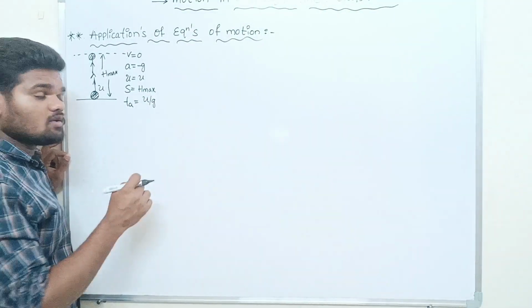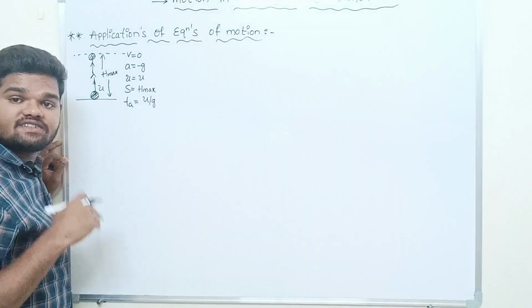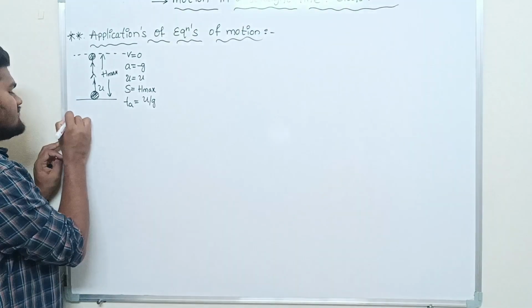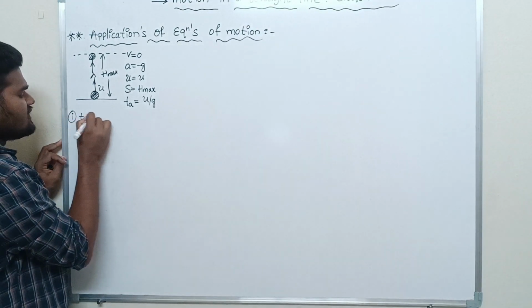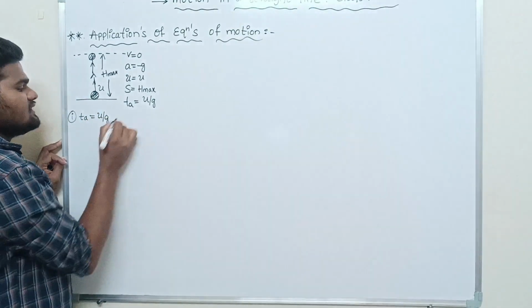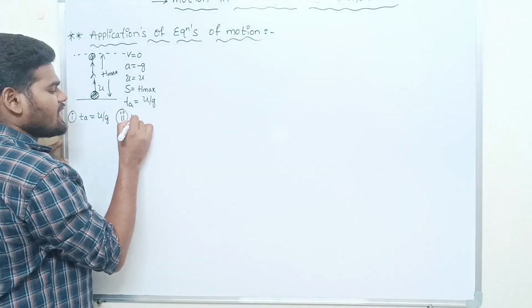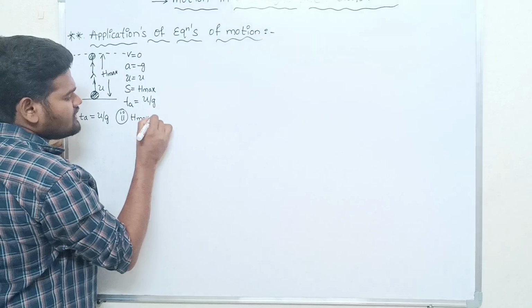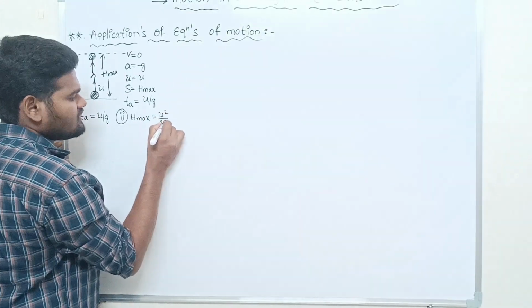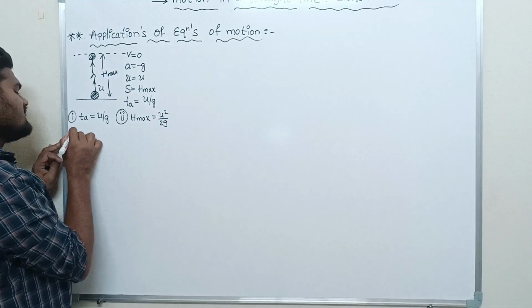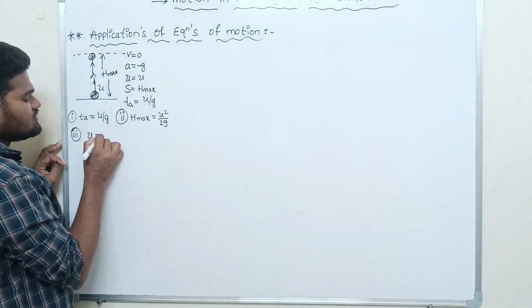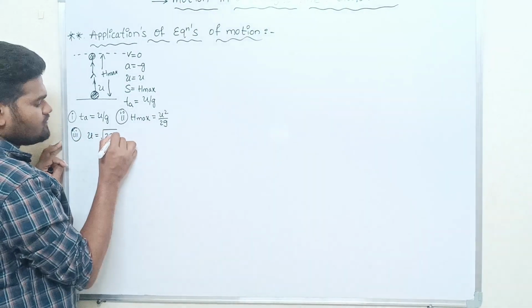After substituting these values in the equations of motion, we got, first, time of ascent is equal to u by g. Second, height H maximum is equal to u square by 2g. Third, u is equal to under root of 2g H maximum.